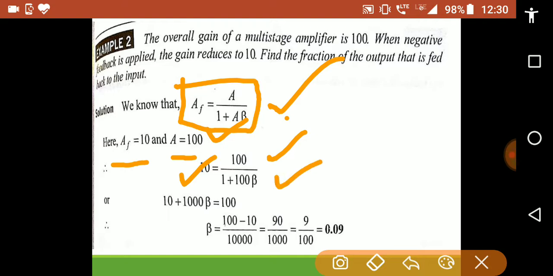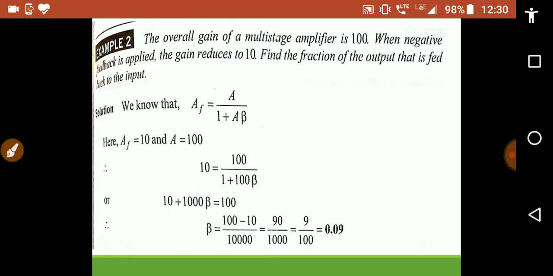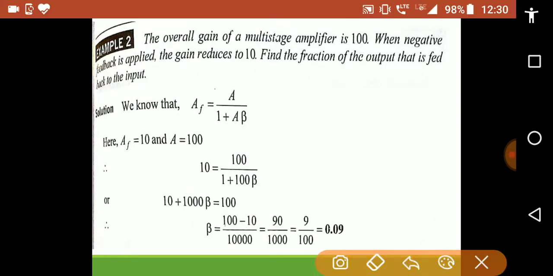So rearranging the equation, this is multiplied by this. So we have 10 plus 1000 beta equal to 100. So beta equal to 100 minus 10 divided by 1000, equal to 90 divided by 1000.